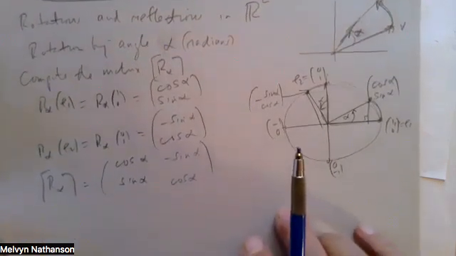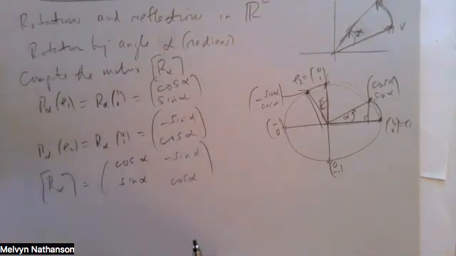And in fact, from this matrix, you get a lot of simple proofs of algebraic identities. For example, suppose you rotate by alpha and then you rotate by beta. That's the same as rotating by alpha plus beta.